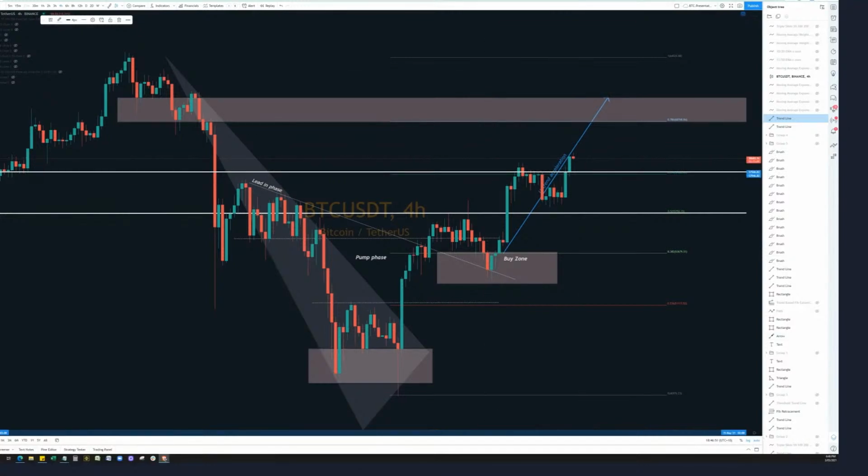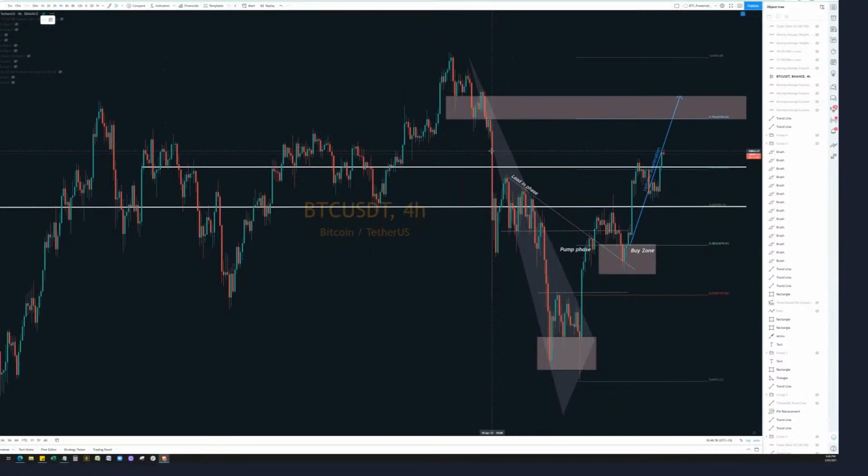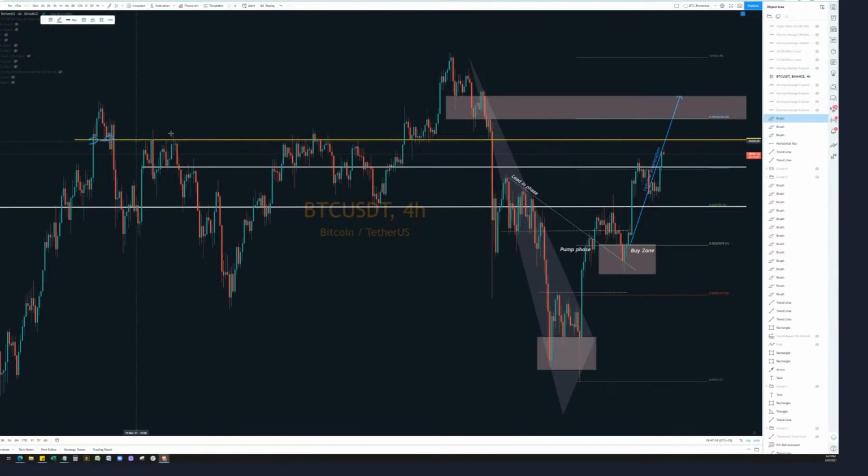And if you look across, and remember that there's many layers of resistance and support, we have this significant resistance here. This is the main one, and I'll make that in yellow. That is a significant resistance there, and you can now understand that it acted as support in some instances.